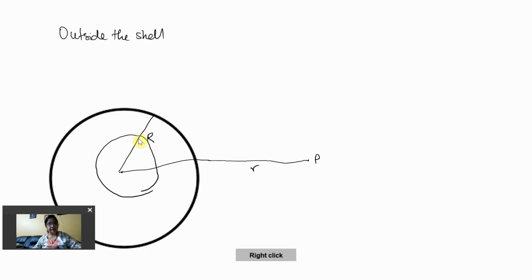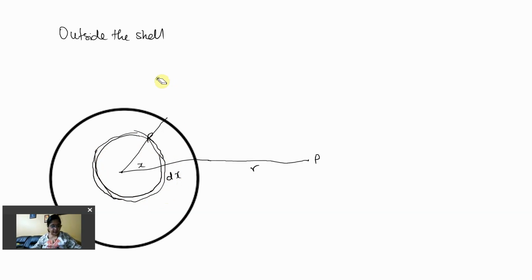The radius of the whole sphere is capital R. This sphere has a radius x, and it has a thickness of dx.